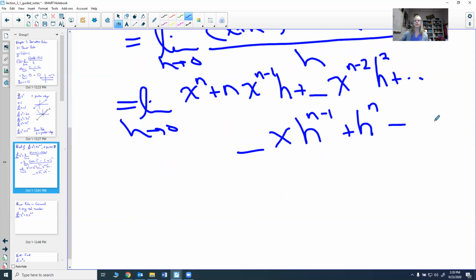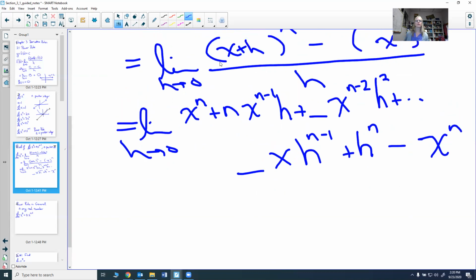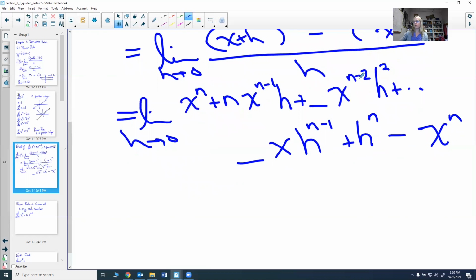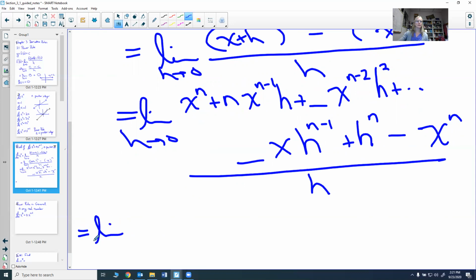So don't forget, this was just multiplying out the first term, this first x plus h to the n, then we still have this minus x to the n. Then the whole thing is over top of h. All right, so this will be the limit as h goes to 0. Well, the x to the n's cancel. So I have an x to the n here and an x to the n here.